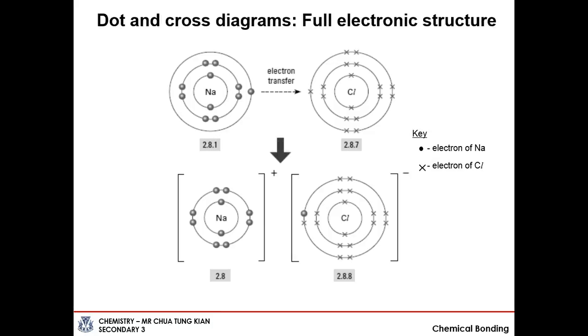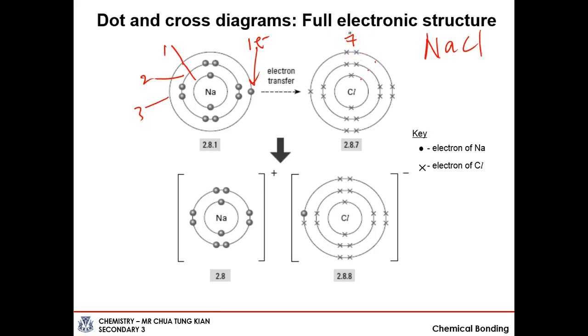So if you take a look at an example of NaCl, formation of NaCl, Na has 3 electron shells, 1, 2, 3, of which the outermost shell has 1 valence electron. Okay, chlorine has, again, 3 electron shells, of which the outermost has 7 valence electrons.